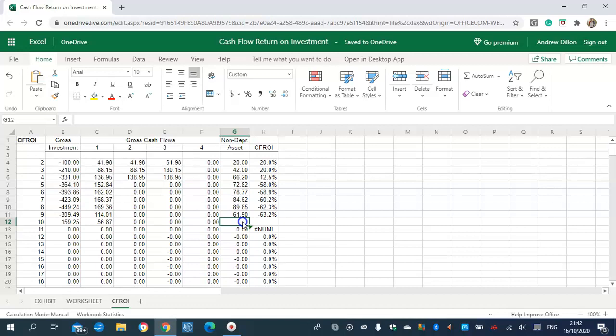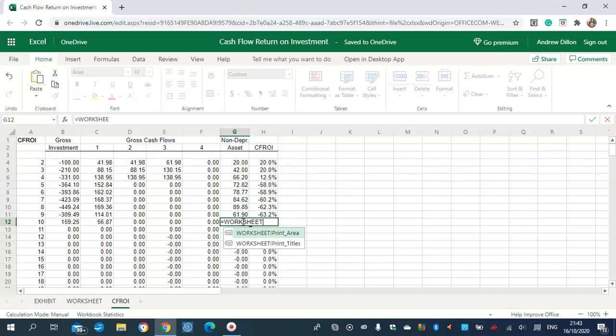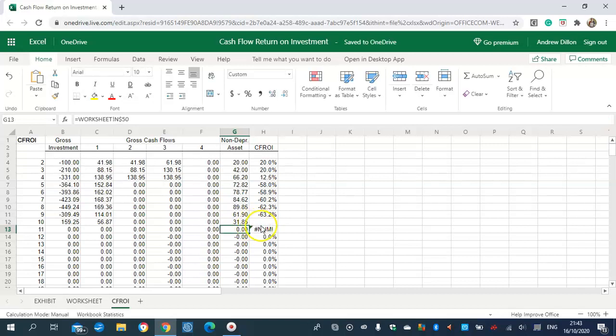Okay, non-depreciation asset number 10. And CFROI, cash flow return on investment, number 10.